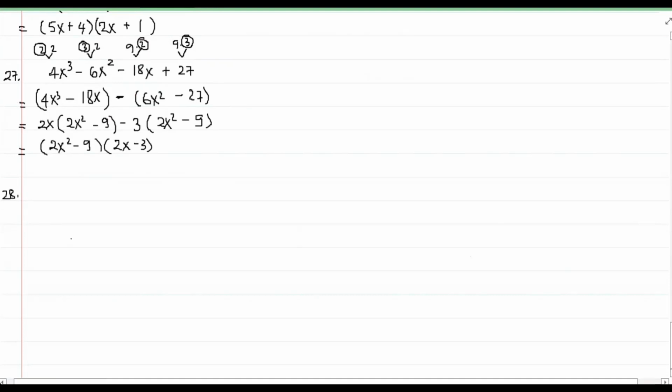Number 28, we have 8x cubed plus 7x squared plus 32x plus 28.